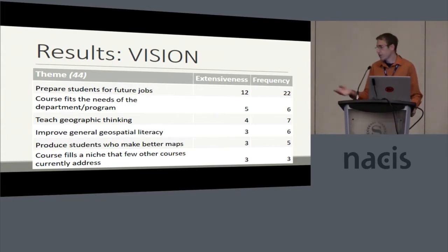Some said they were teaching the course because the department wanted them to, it fit a need that their program had. A few people were really into using web maps and web mapping as a route toward teaching geographic thinking or improving geospatial literacy overall. And then there's teaching students how to make good web maps instead of bad web maps. And a few saw their courses filling a niche that I think should increasingly be not a niche, but something everyone does.